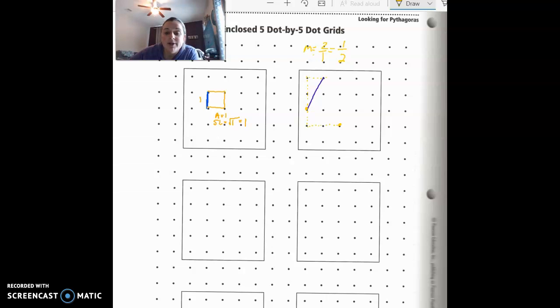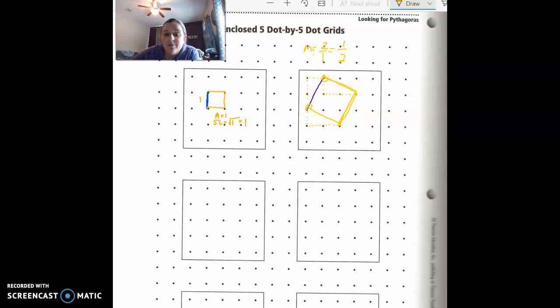And where I end up, I'm going to put a dot. This will be a 90-degree angle. We know that they are perpendicular. Okay, the slopes are opposite reciprocals. I'm going to go down 1 and over 2 from the other point here. And I've got a nice 90-degree angle, and then close it up.